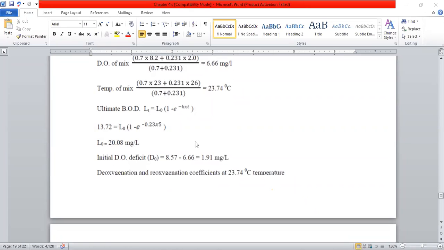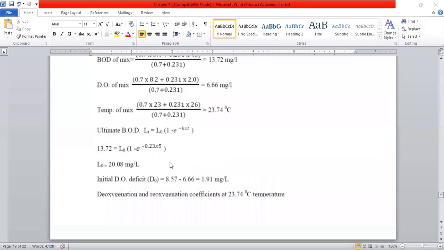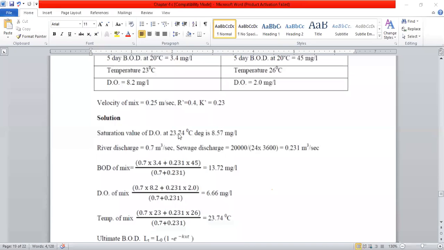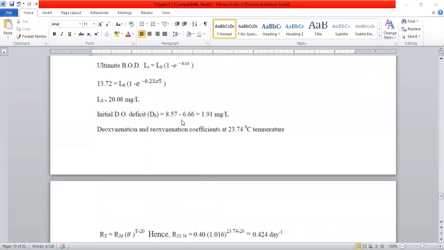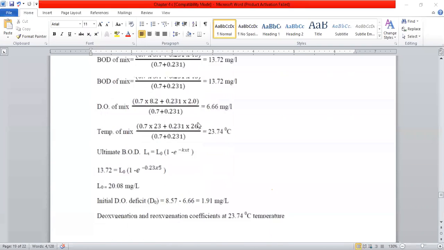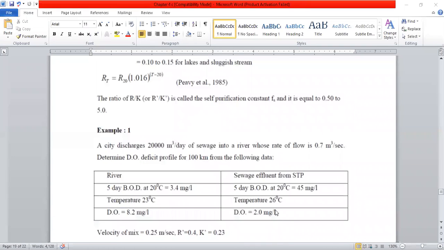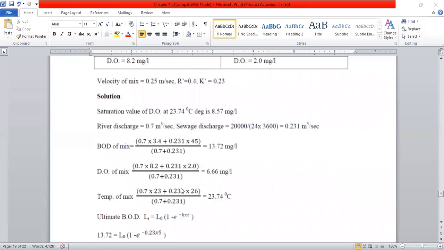Then the next one, initial dissolved oxygen deficit. That is also simple to calculate. What is the saturation level of dissolved oxygen? 8.57 minus 6.66. DO mix is 6.66.